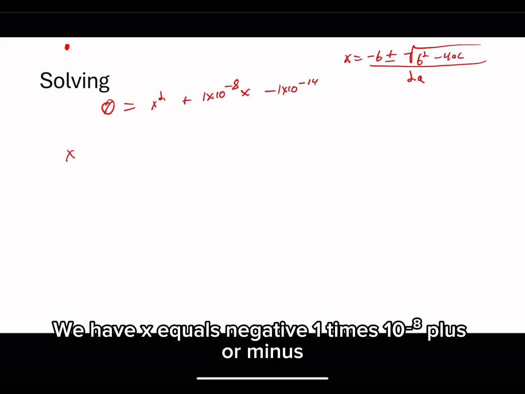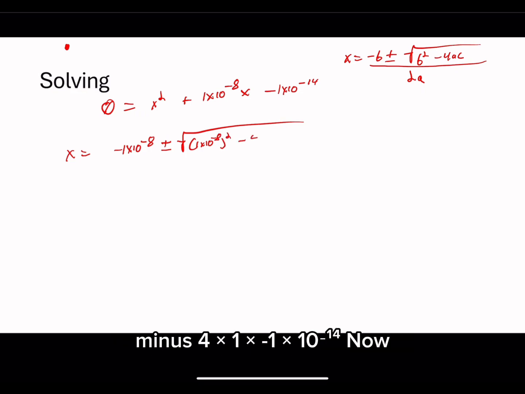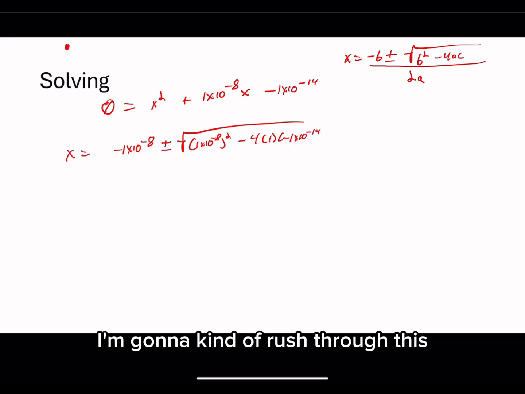So we have X equals negative 1 times 10 to the negative 8 plus or minus the square root of 1 times 10 to the negative 8 squared minus 4 times 1 times negative 1 times 10 to the negative 14.